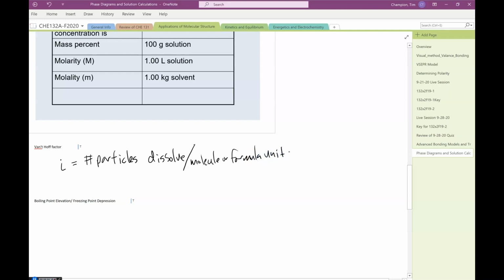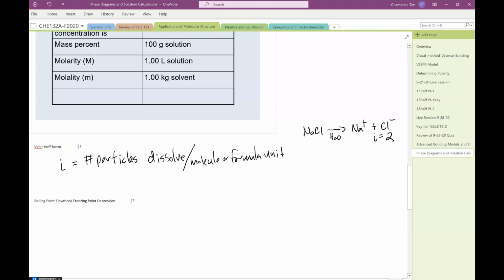So, for example, if I'm talking about sodium chloride, if I have sodium chloride and I put it in water, what I'm going to get are dissolved sodium ions and dissolved chloride ions. i is equal to 2 for sodium chloride. It has a Van't Hoff factor of 2.